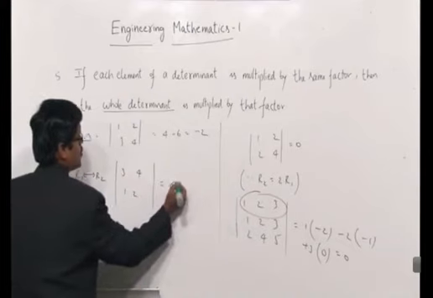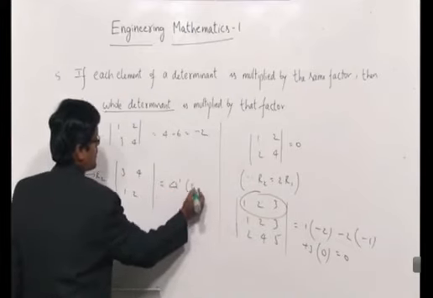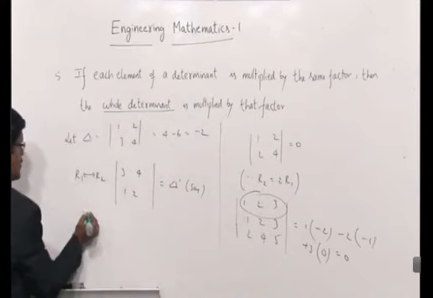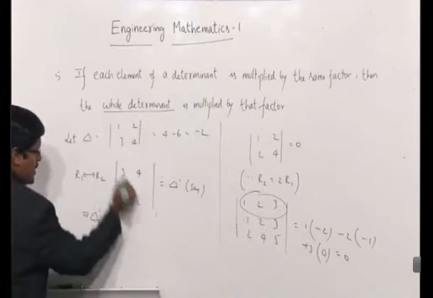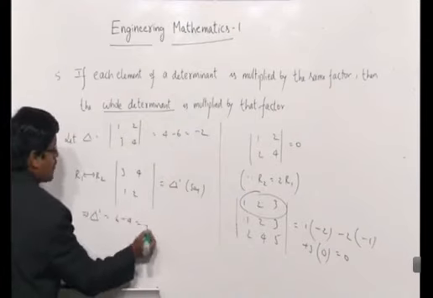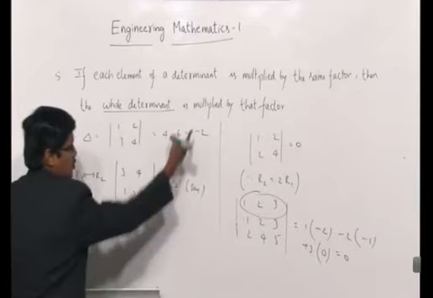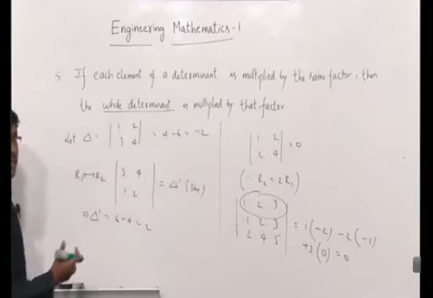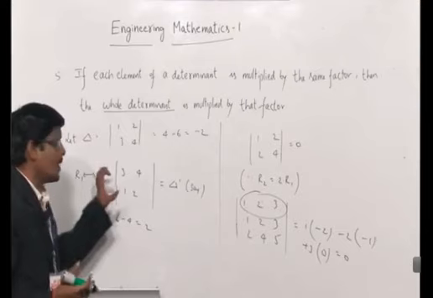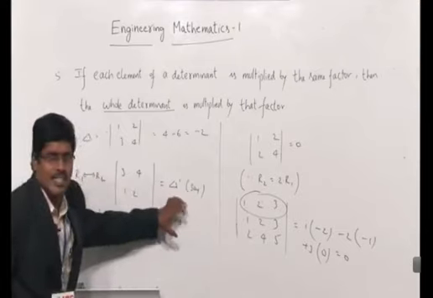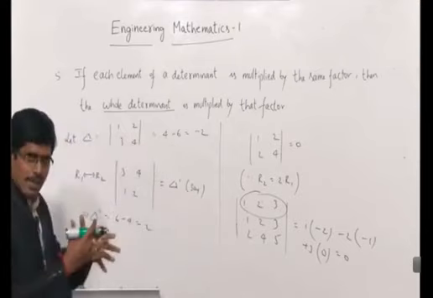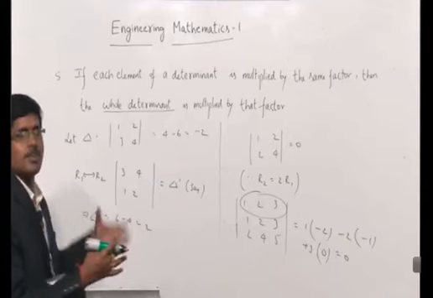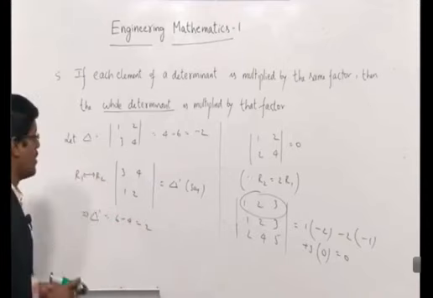Let us say a new determinant delta dash. Now what is the delta dash value? 3 into 2, 6, minus 4, is 2. What I told: numerically 2 and 2 are the same, but the sign changes. Once you apply an operation, you get a new determinant denoted by delta dash, and the initial determinant value is denoted by delta. Just find or check the relation between these with the above properties. Okay.